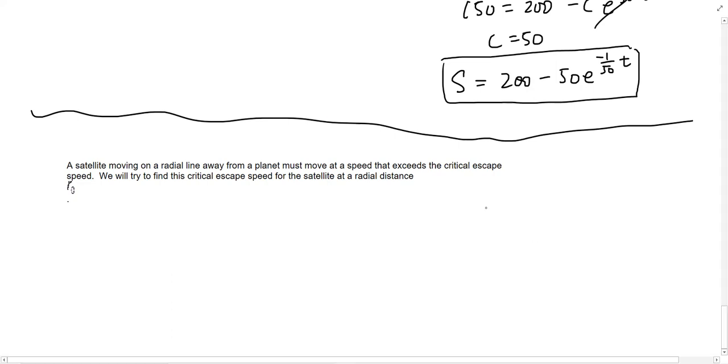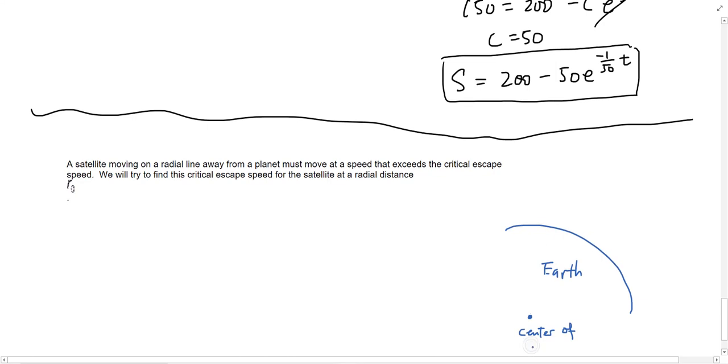So imagine here's our blue planet, or green planet, I guess, Earth. And let's say somewhere over here is the center of the Earth. And let's say we have a rocket, and this rocket's starting at this distance from the center of the Earth.